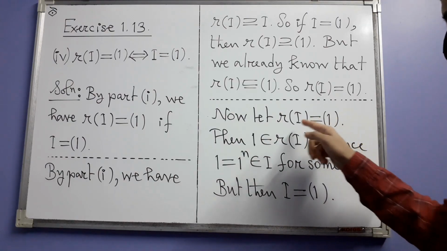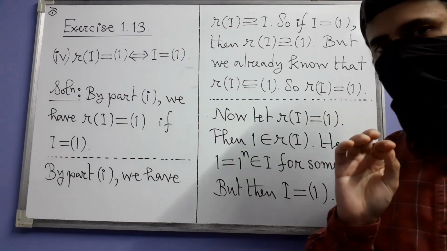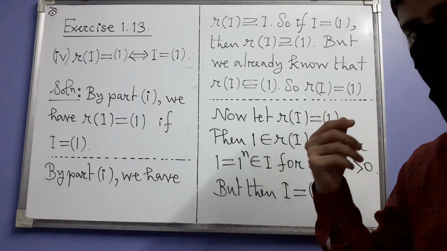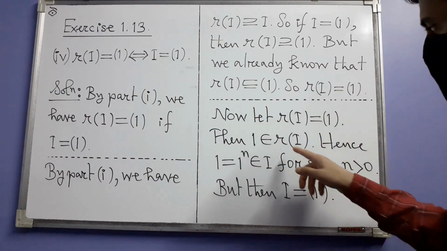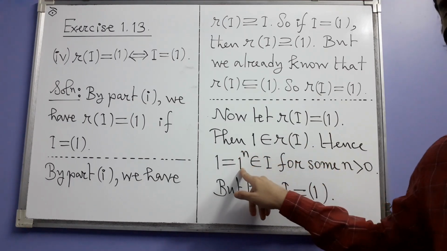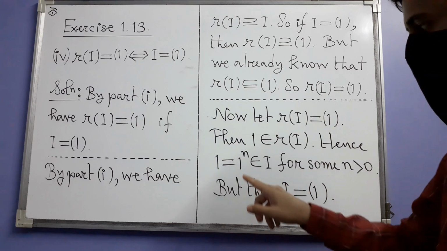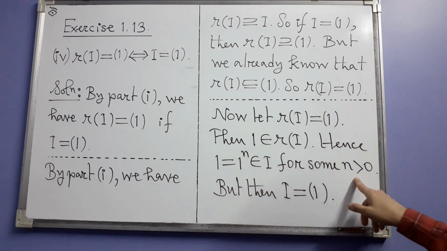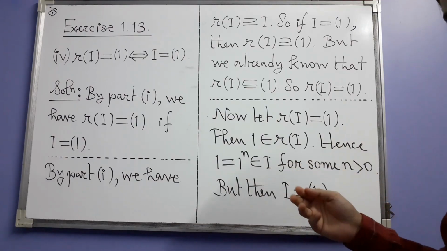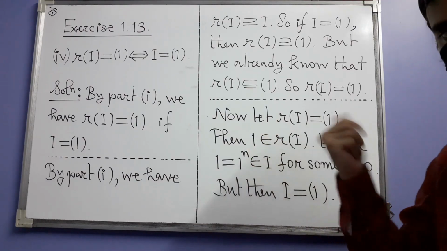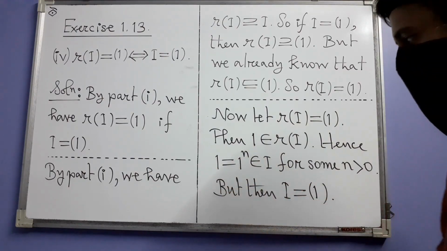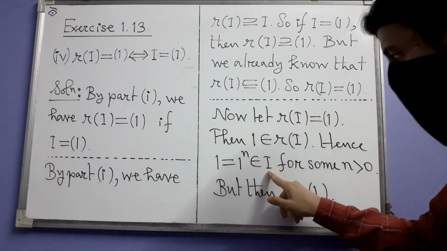Now we know that everything is going to be inside R of I. In particular, the identity element 1 of the ring is also inside R of I. So by the definition of the radical, some power of that identity element will belong to I, where the exponent n is some positive integer. We are not explicitly writing positive integer because in this context that's what this means. But 1 to the power n is 1, so we get the fact that 1 belongs to I.